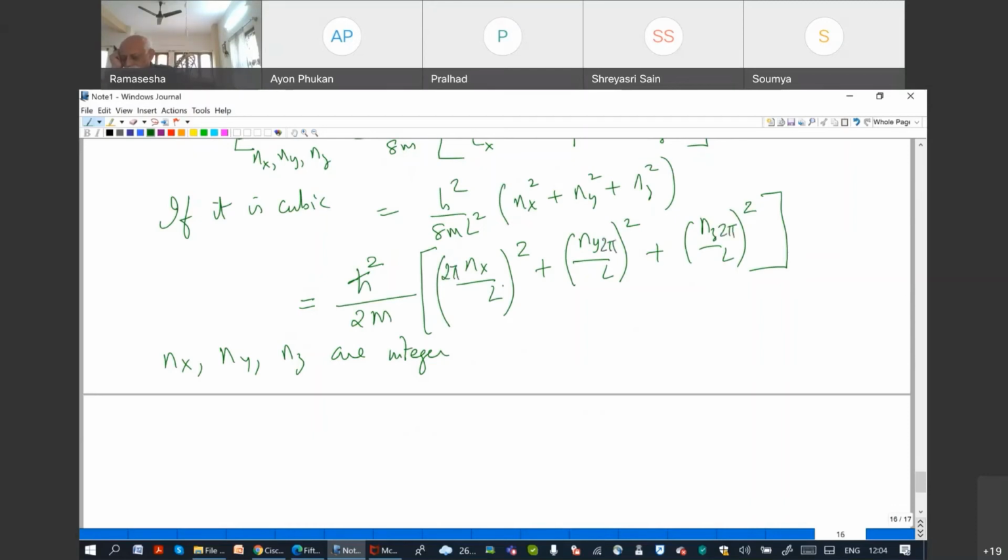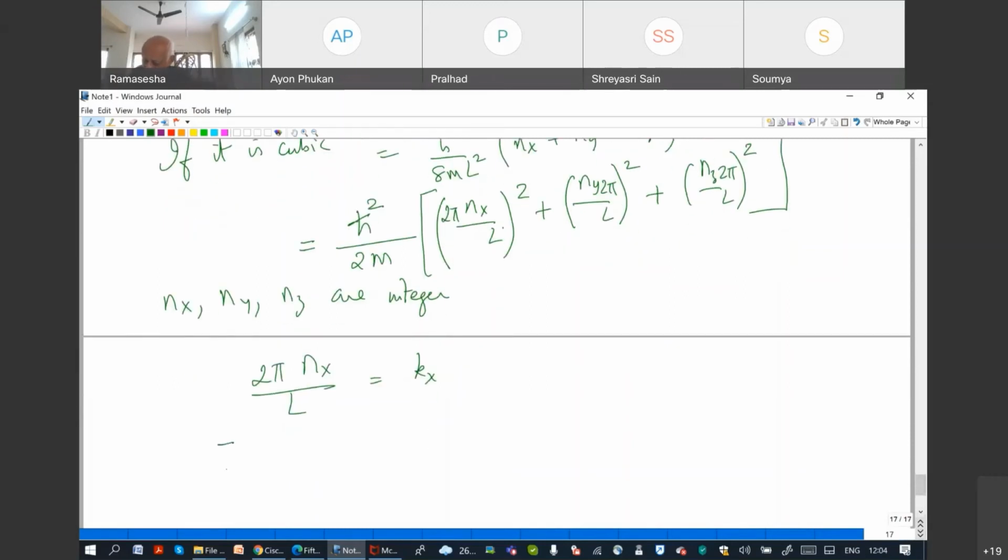Right. So this quantity 2 pi nx by L is called kx. So you can actually write down energy as equal to h cross squared by 2m times kx squared plus ky squared plus kz squared.